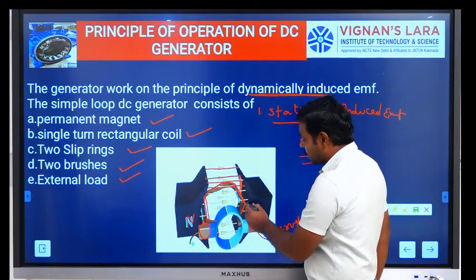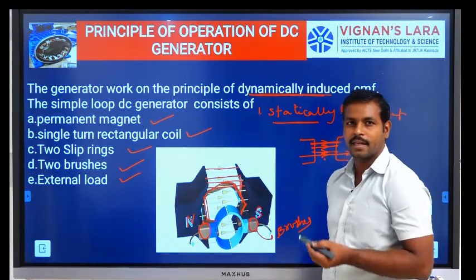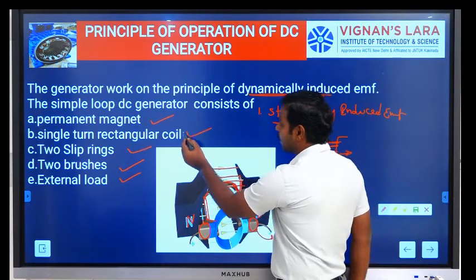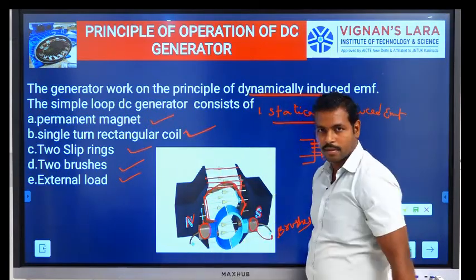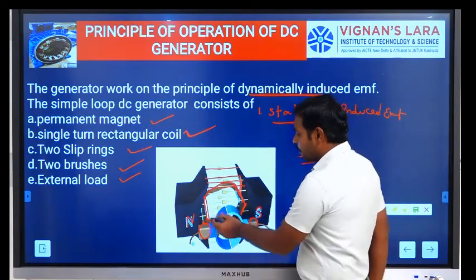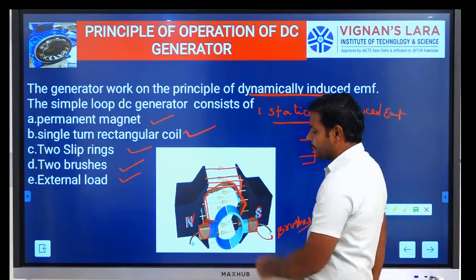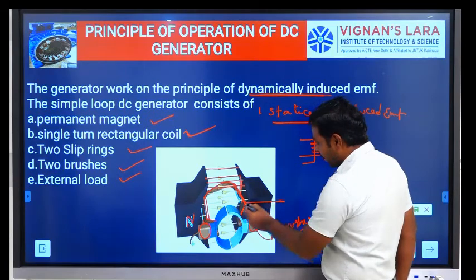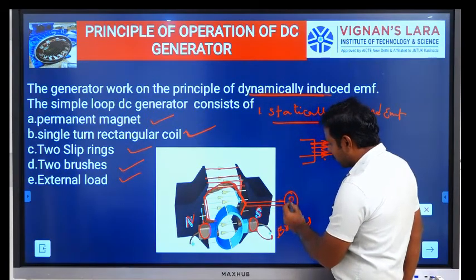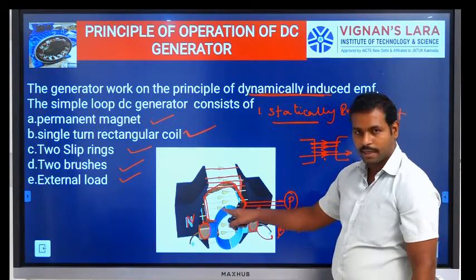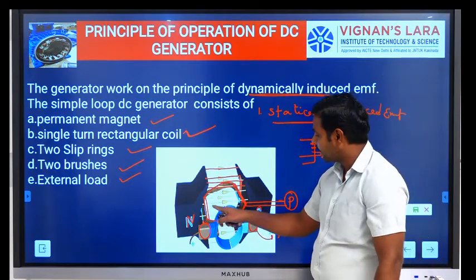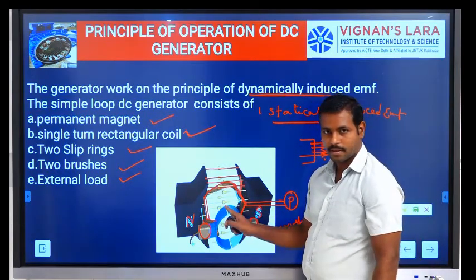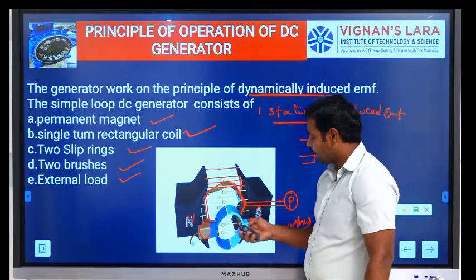We are considering a single turn coil, that is a single turn rectangular coil, placed in a magnetic field. Using a prime mover, we can rotate it through 360 degrees.